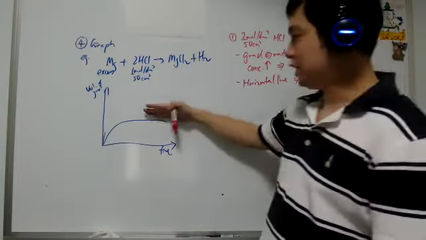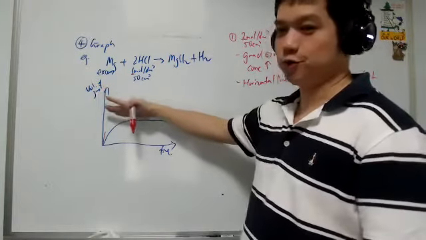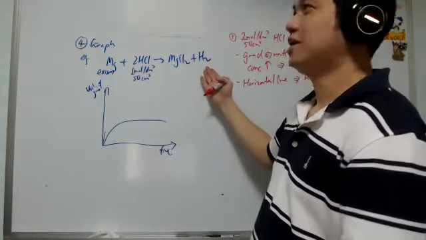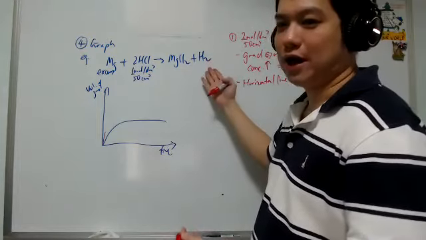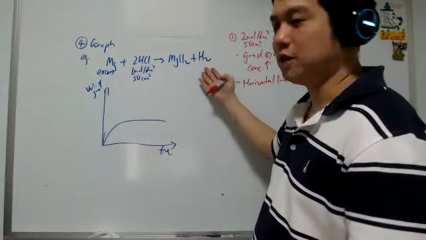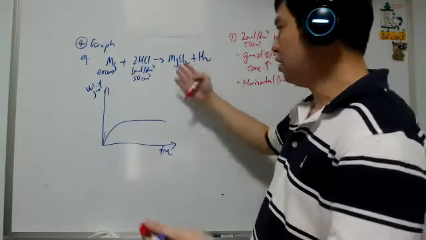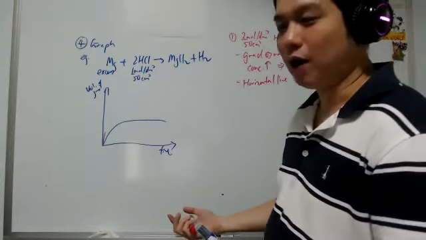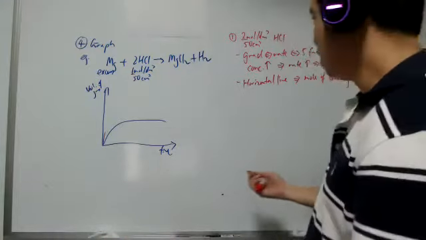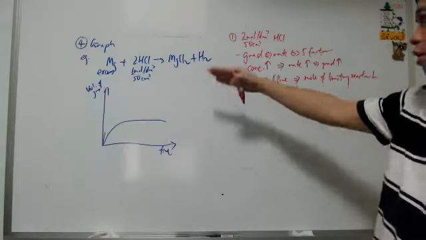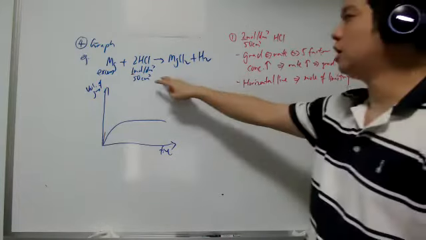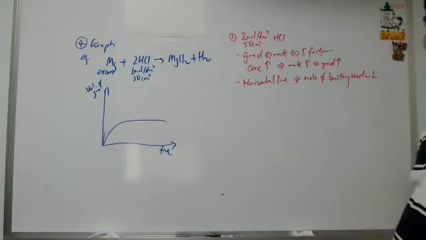Because the horizontal line is the total volume of gas produced at the end of the reaction. Total volume of gas depends on the mole of gas produced, in this case the mole of hydrogen. And the mole of hydrogen depends on the mole of the limiting reactant that's been used up, the standard mole calculation method. So the horizontal line, whether it's more, less, or the same, depends on the mole of limiting reactant compared to the original.